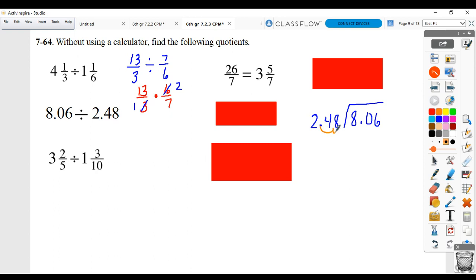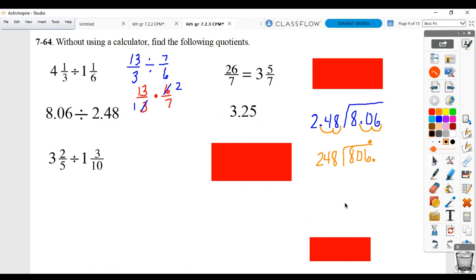So you need to move your decimal point 2 places to the right in your divisor and 2 places to the right in your dividend. So you end up then dividing 860 by 248. And remember, the decimal point is now here and would go up here in the quotient as well. And if you do it that way, you end up getting 3.2500.